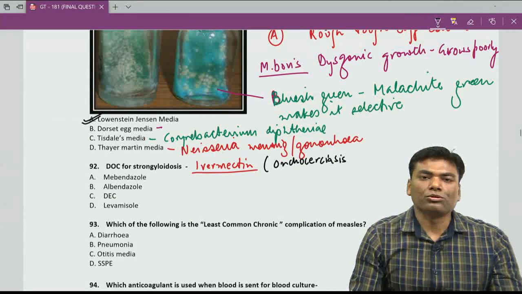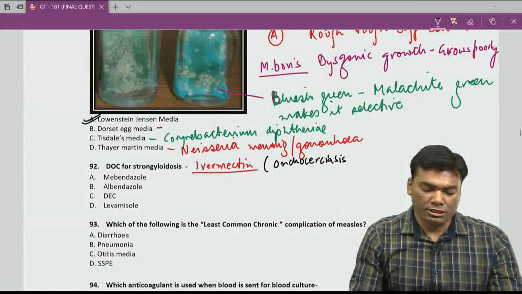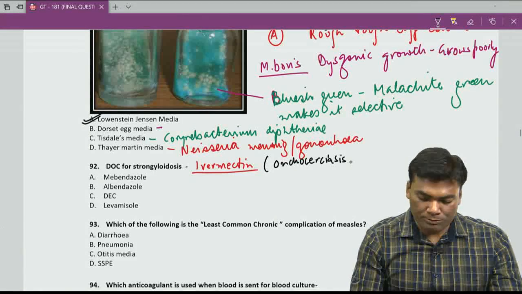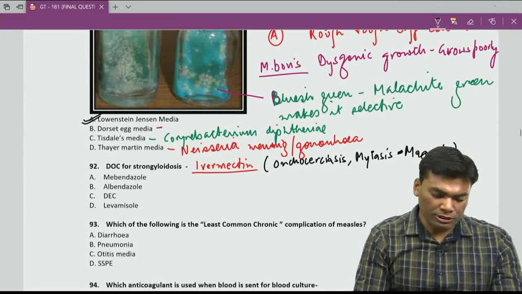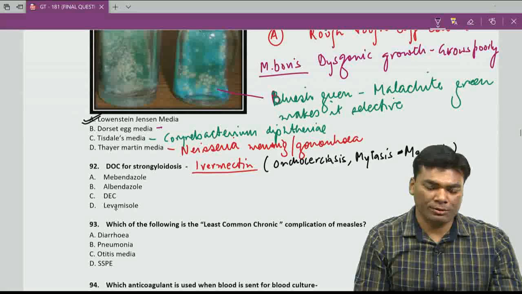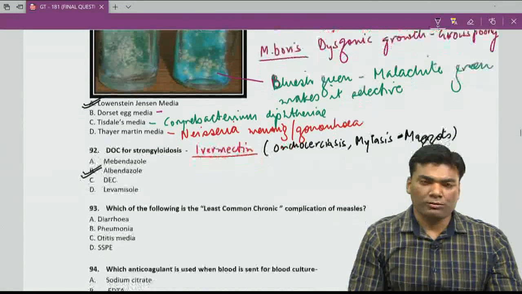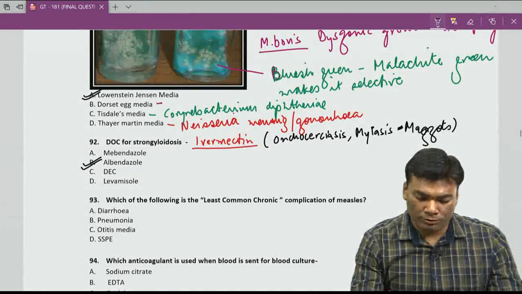So, for onchocerciasis as well as for strongyloidosis, we have to use ivermectin as the drug of choice, and sometimes we also use it for myiasis. Myiasis is when maggots are there, right? Then also we have to use ivermectin sometimes. Now, in these options, if we don't have ivermectin as a choice, then our obvious choice should be albendazole, because the drug of choice for all nematodes is albendazole.